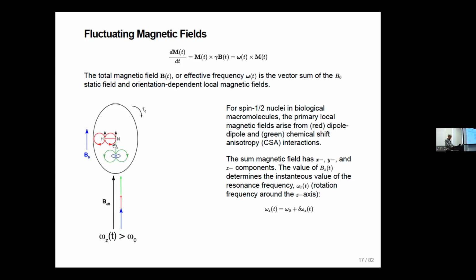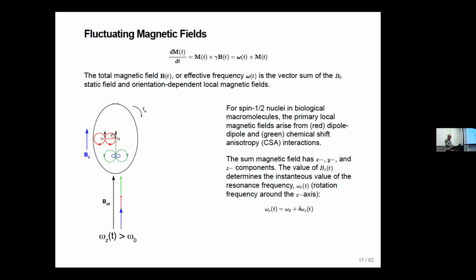So the nitrogen, if we just focus for a moment on the Z component of the magnetic field, the nitrogen instantaneous frequency is the sum of the frequency it has from the B naught field and the sum of all the Z projections of all these local magnetic fields.